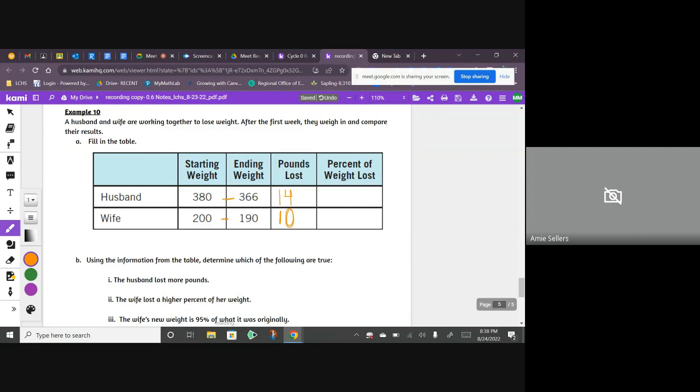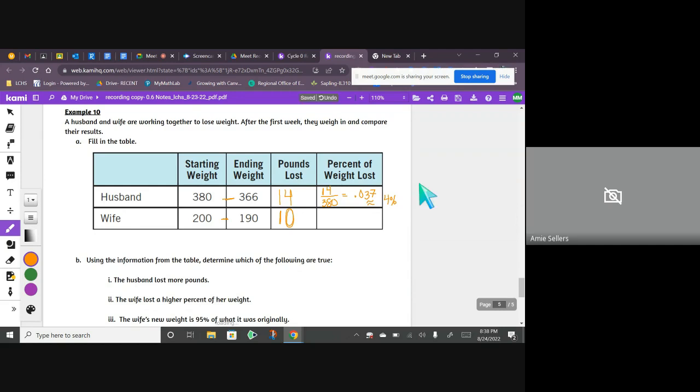To find out their percent of weight lost, we can take their amount of weight lost divided by their original amount. So for the husband, it's going to be 14 divided by 380. 14 divided by 380 is 0.037, or about 4%.